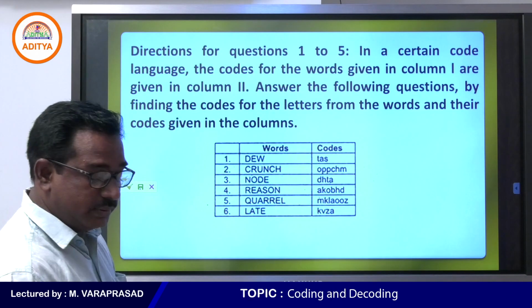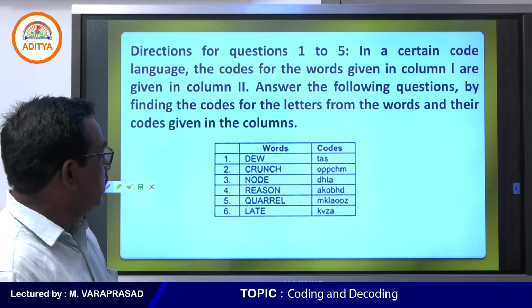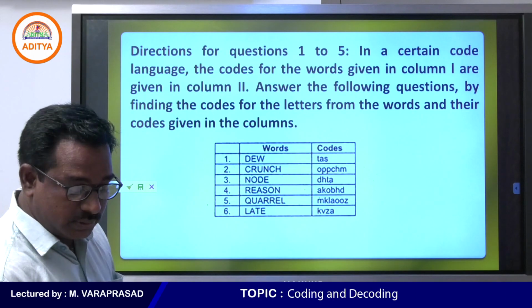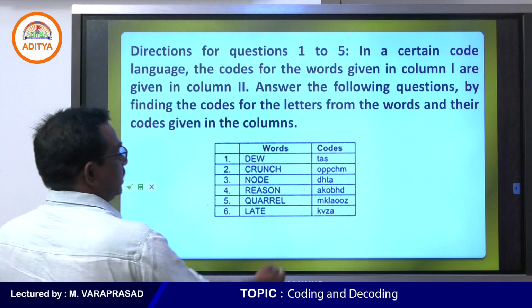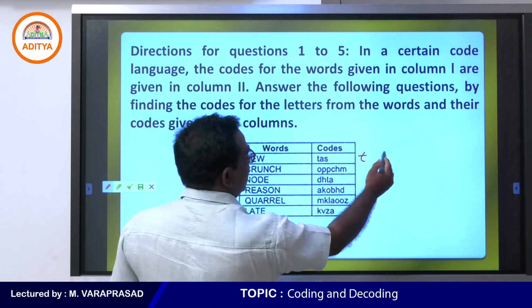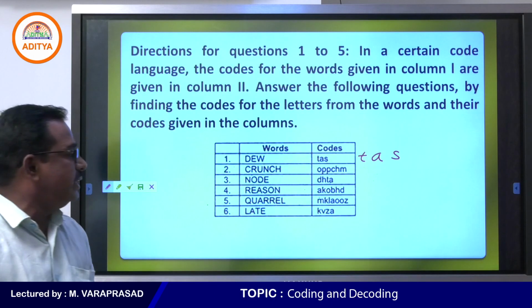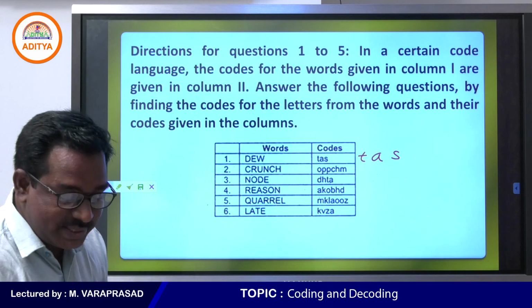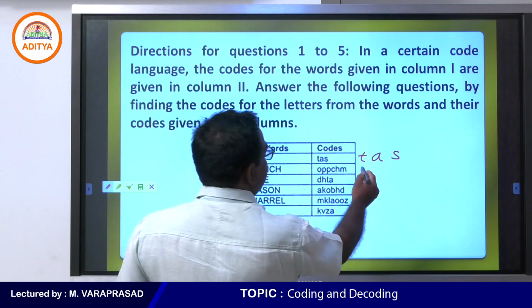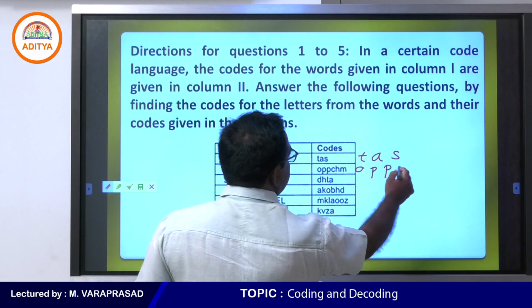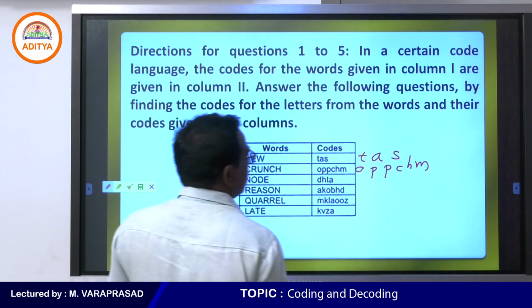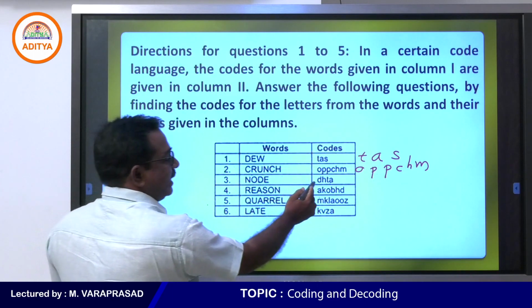We can discuss now. Jew is TAS, crunch is OPPCHM, and node is given DHTA.